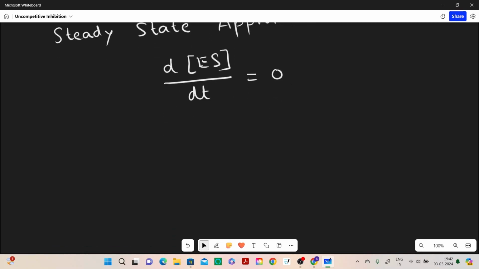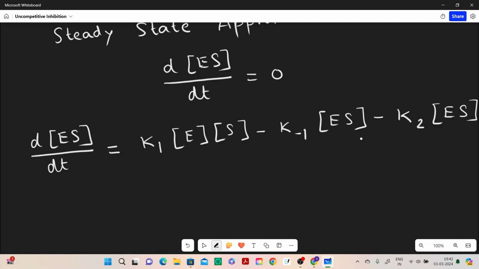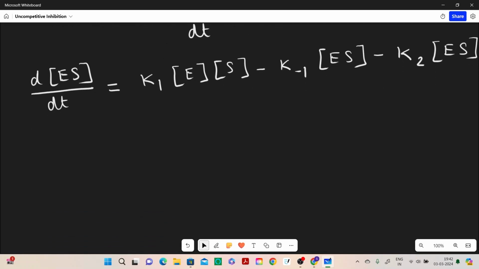So what we will do is we will exploit this as dES by dt can be written as K1 into E into S minus K minus 1 ES minus K2 ES. So this is the term that forms the product. This is the term that forms the enzyme and substrate reversibly from the enzyme substrate complex.